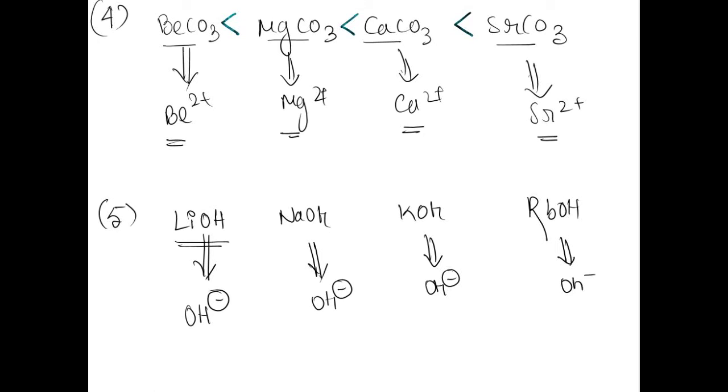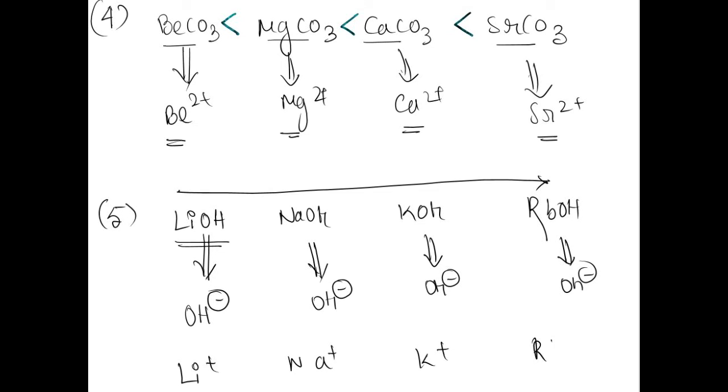Now if we go from up to down, we know the size of the element increases. Because of the increase in size, the element has more tendency to donate its electron and form lithium plus, sodium plus, potassium plus and rubidium plus.